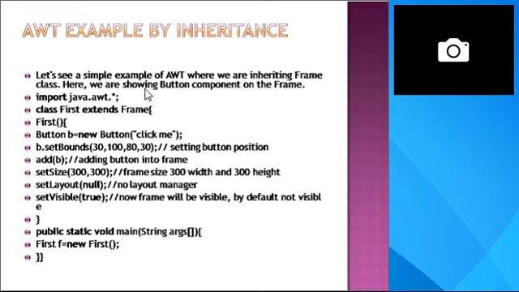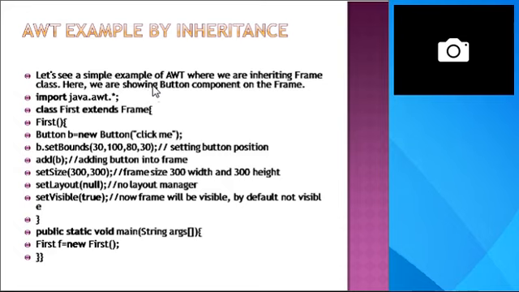First of all, we import the AWT package. Here, import java.awt. java.awt is a package name that holds different types of components like container, frame, panel, button, text, label, tools, and so on.